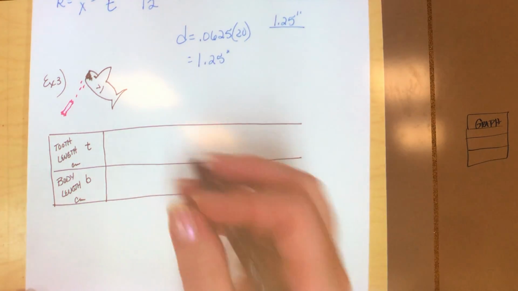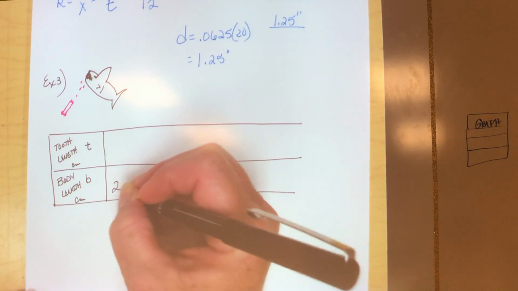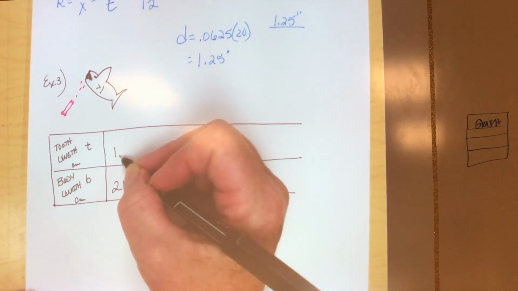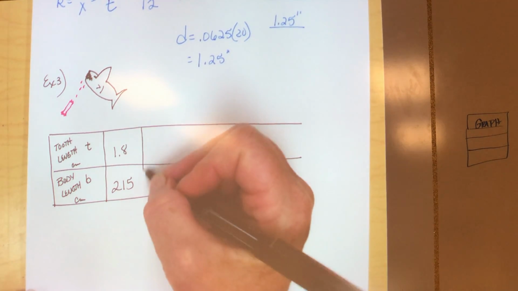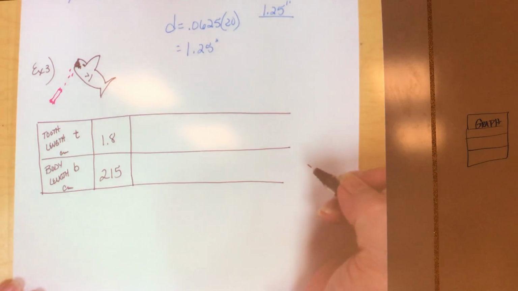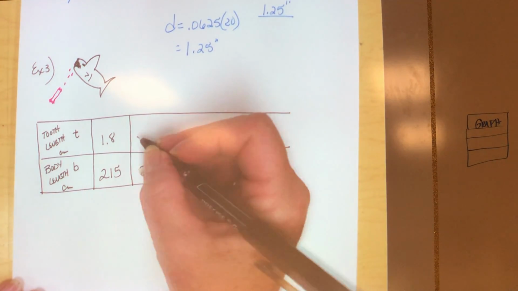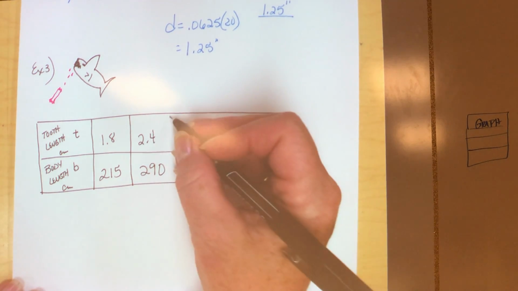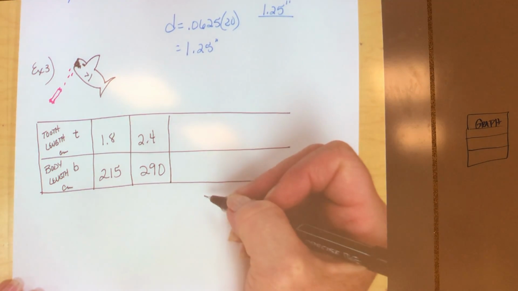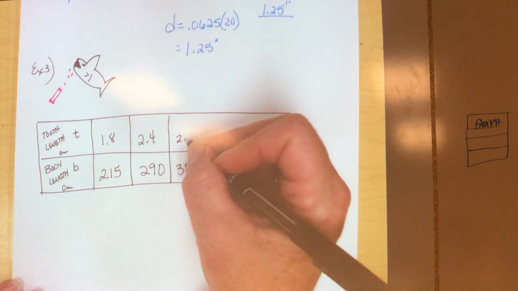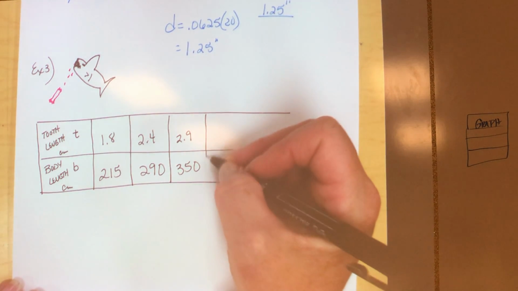All right? So the first one of the sharks that I caught, he was 215 centimeters long, and his tooth was a little 1.8 centimeters. And then the next shark that I caught was 290, 2.4 centimeter tooth. And then my husband caught one, 350, it's 2.9 centimeter tooth. That's the only one he caught.